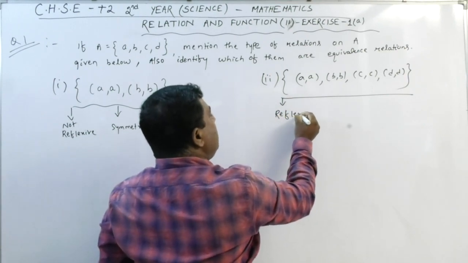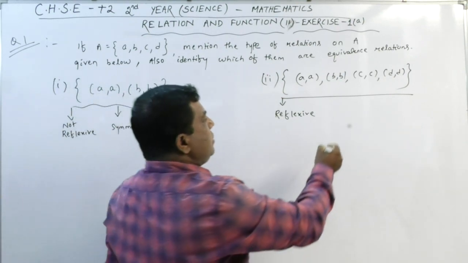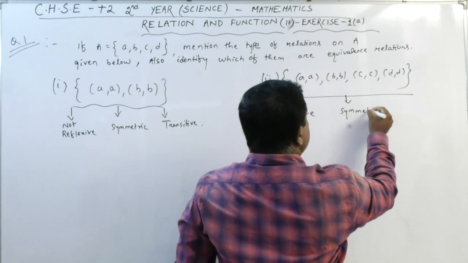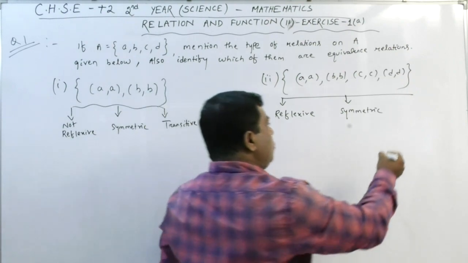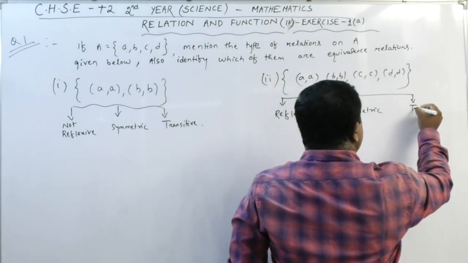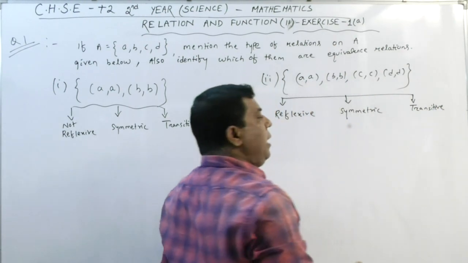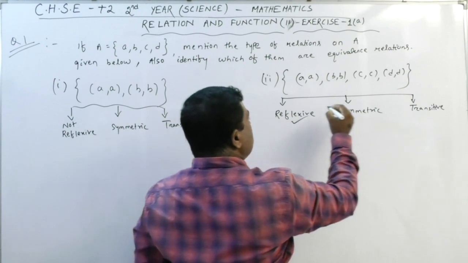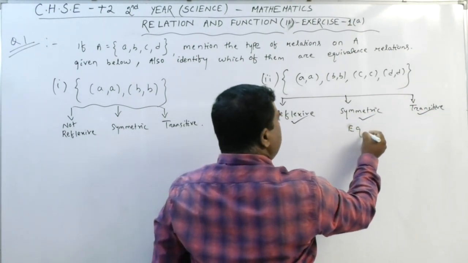Very good. Is it symmetric? Yes, it is also symmetric. Is it transitive? Yes, it is transitive. And it is called an identity relation on A. As it is reflexive, symmetric and transitive, it is also under what type of category?